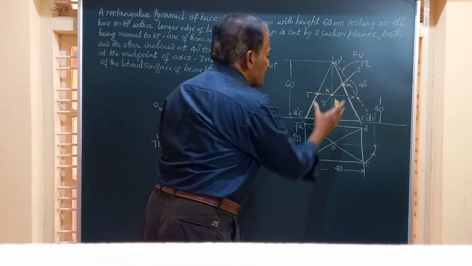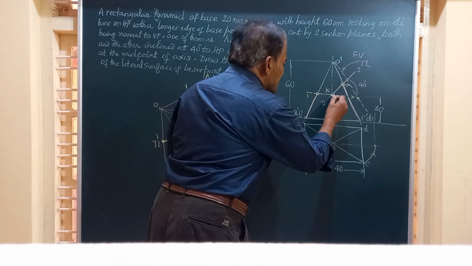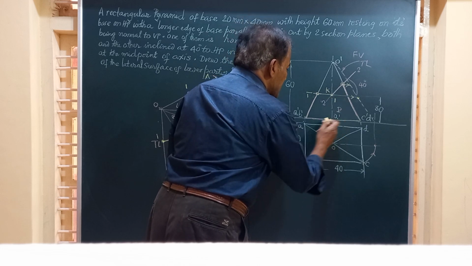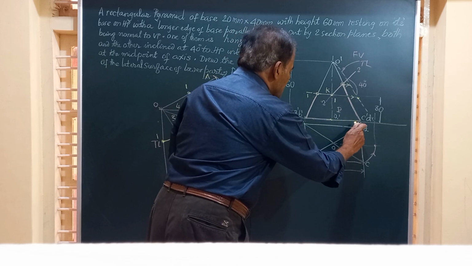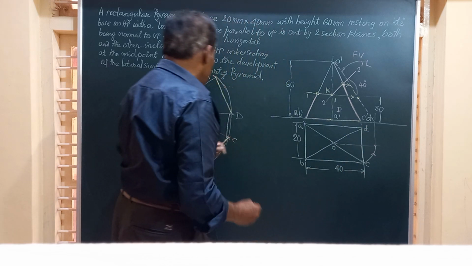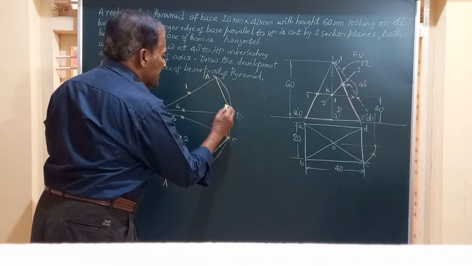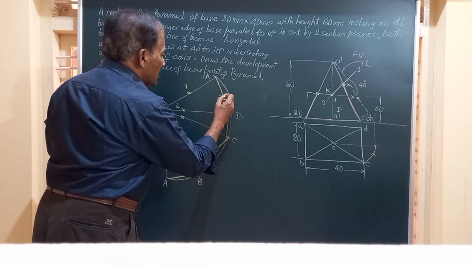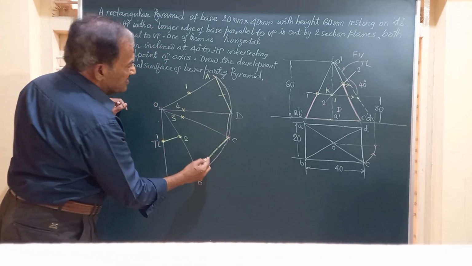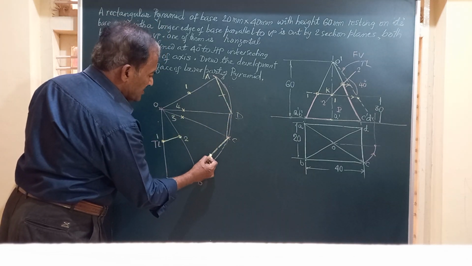If you observe the front view, friends, this K is exactly in between this AD and BC. So I will take this AD midpoint and then BC, the midpoint of that. AD and BC.